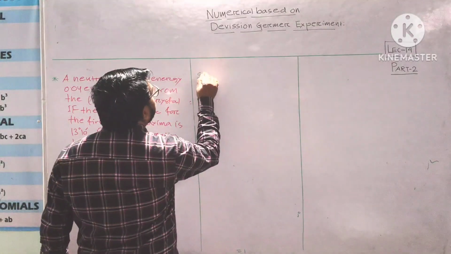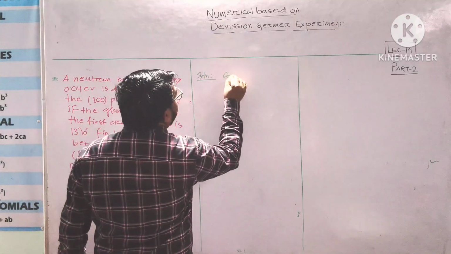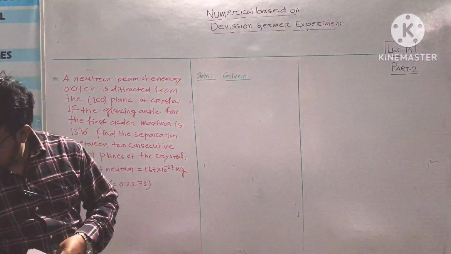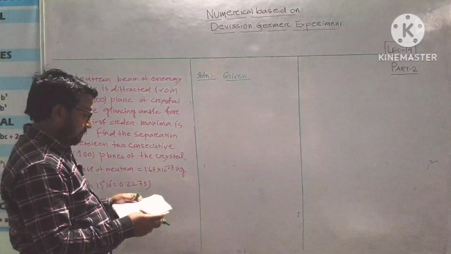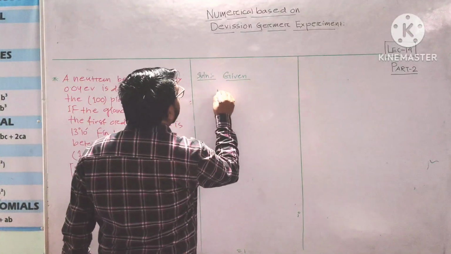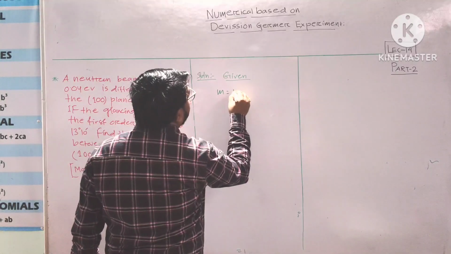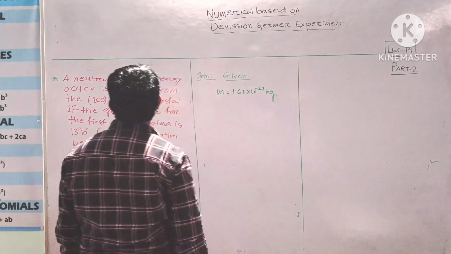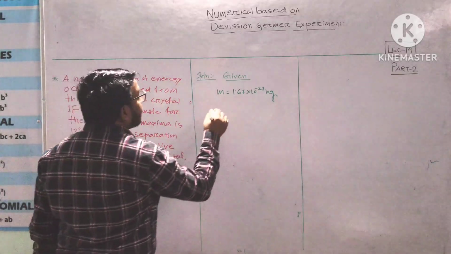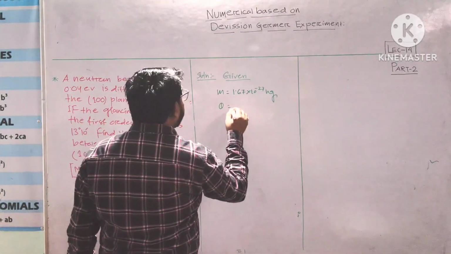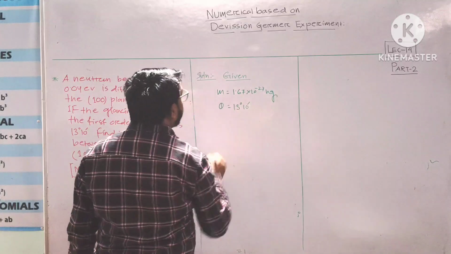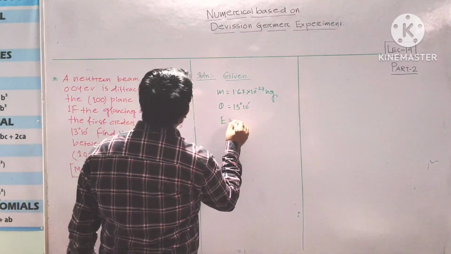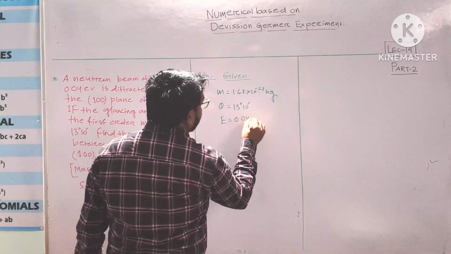Solution: given, particle is neutron, so mass of neutron equal 1.67 into 10 to the minus 27 kg, and glancing angle theta equal 13 degree 10 minute, and energy E equal 0.04 electron volt.